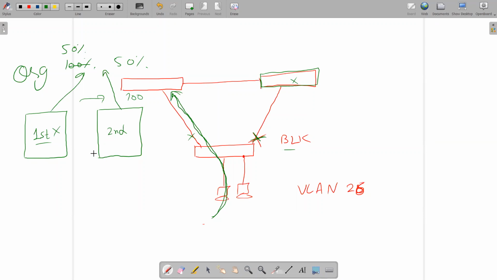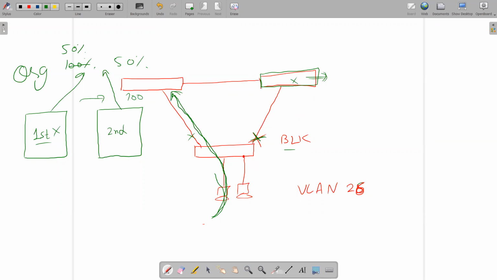So that was a non-technical example, a lame example. Why? Because the same thing we are doing over here. These are our distribution switches. They may cost you thousands of dollars, but you are not using them, you are just putting them in the backup state. So what we need to do is perform load balancing.